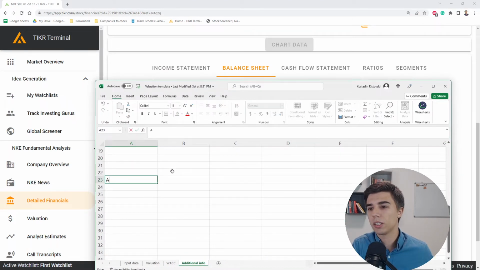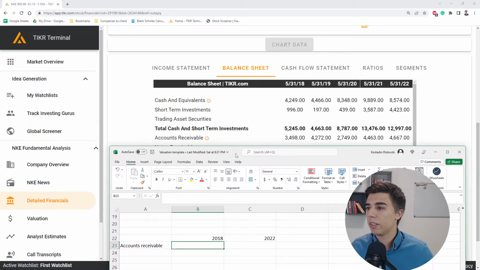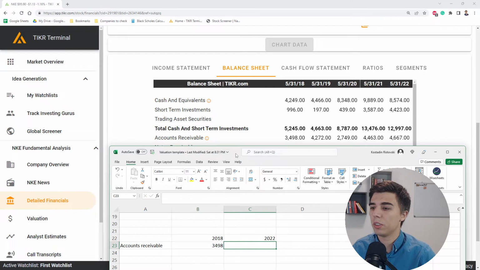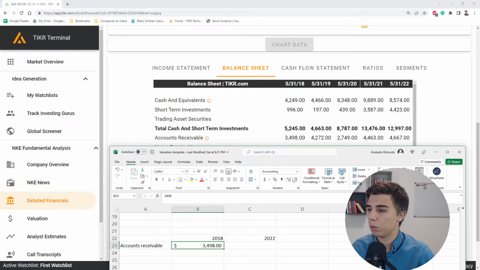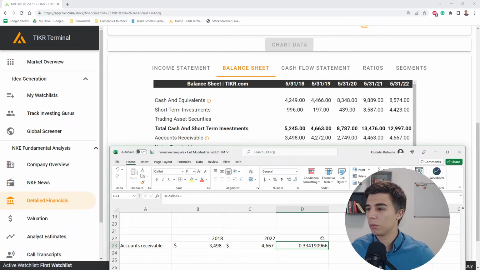So I'll check accounts receivable, the amount that they had in 2018 and 2022, at the end of both fiscal years. So they have 3,498, so close to 3.5 billion. And what I have now is 4,667. So we have an increase of 33%.